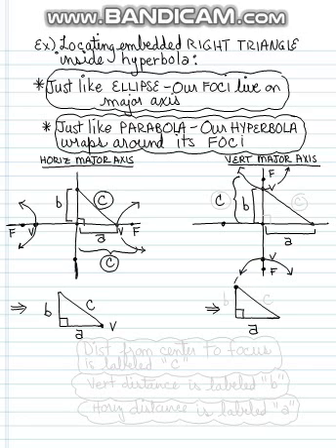Left to right from the center, that's A. Up and down, that's called B. And then, of course, this C value, the distance from the center out to the focus, is the same C value as the hypotenuse of this right triangle. So we'll put it over here. So there are our right triangles for the two different cases. The only difference is that the hyperbola on the left opens right and left, while the hyperbola on the right opens up and down.